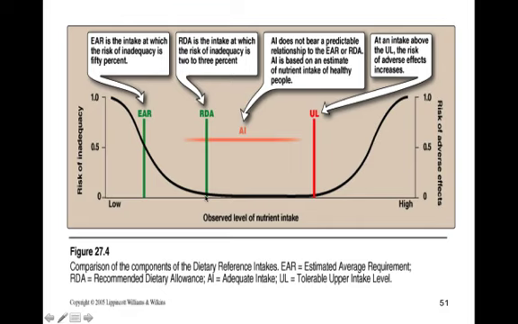Most of the population, around 98%, is getting their nutritional needs complete. Then you have the upper level. Anything between RDA and upper level, you have no risk of adverse effects. If you consume higher amounts than the recommended upper level, you increase the risk of adverse effects.